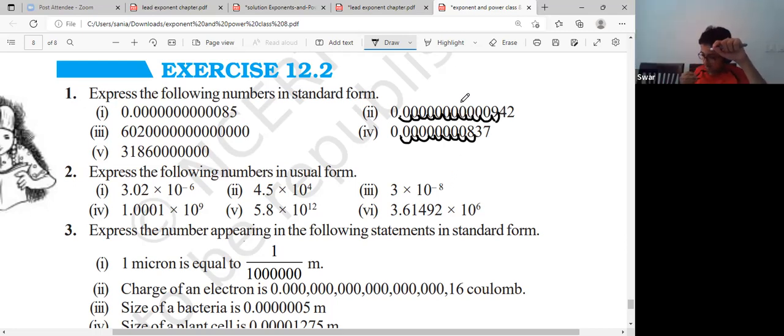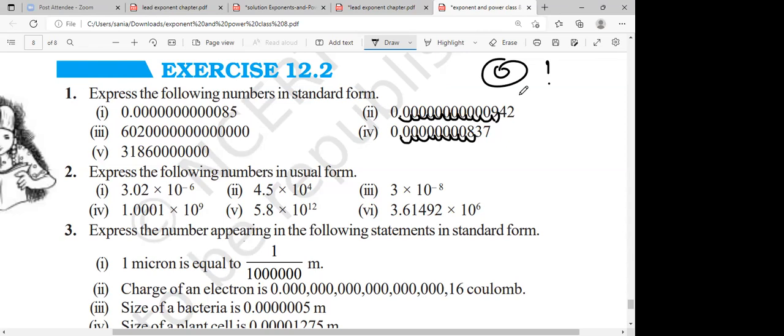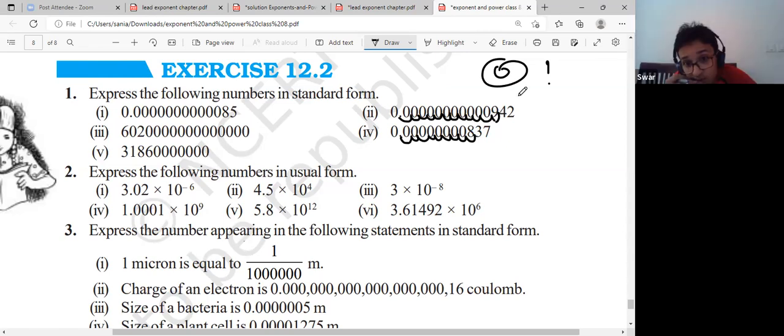Ma'am, I'll recheck. You are counting zeros? Wait. Ma'am, I think I've done something wrong in the number of zeros. 1, 2, 3, 4, 5, 6, 7, 8, 9, 10, 11, 12. Okay, ma'am. I wrote down the question. Yes, that's why.